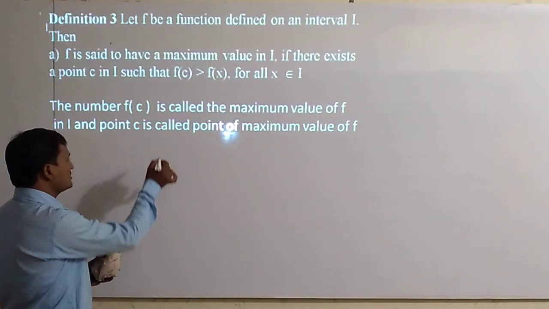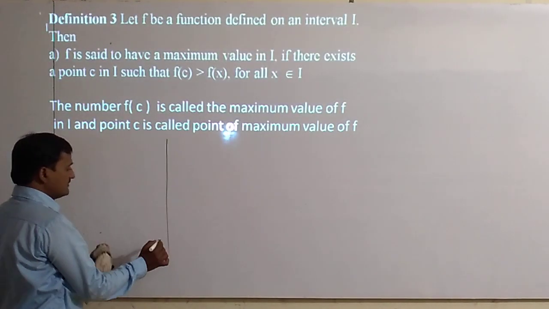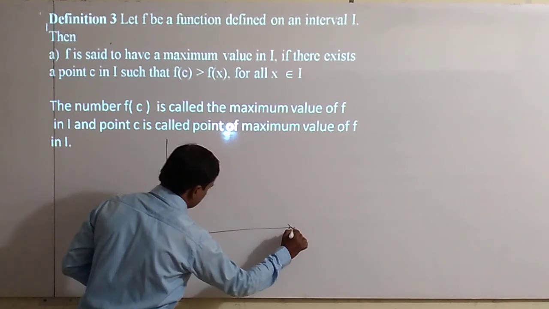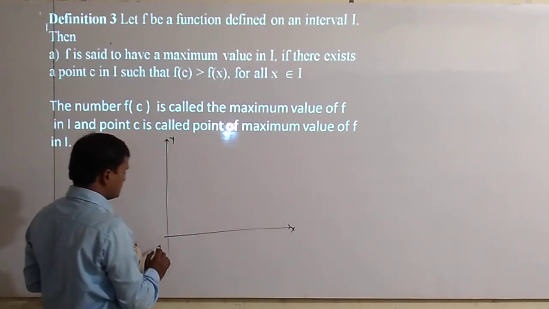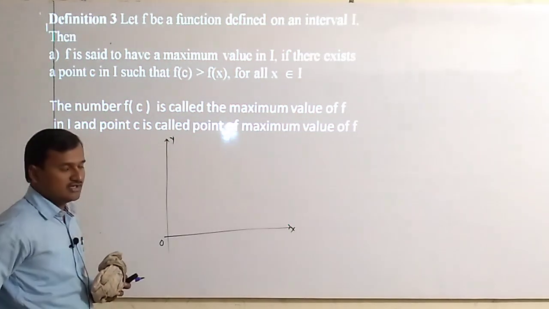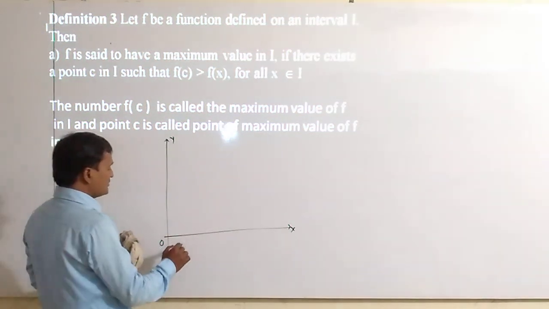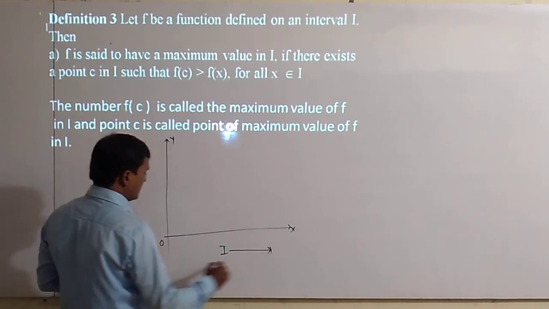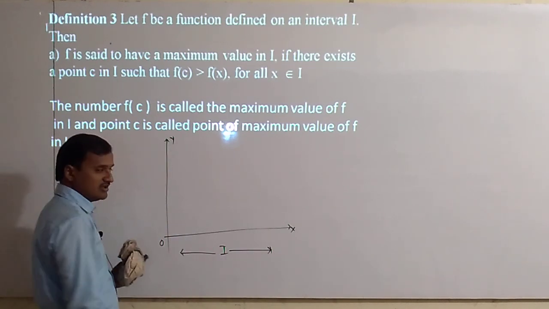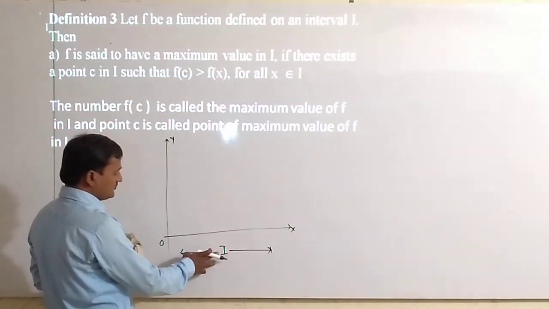So for this, I will take the graph to clear the definition. So here y-axis, here x-axis, and here it is origin, right? Now here this is the interval. So this is the given interval. Here we'll take I. So this is the given interval, right?